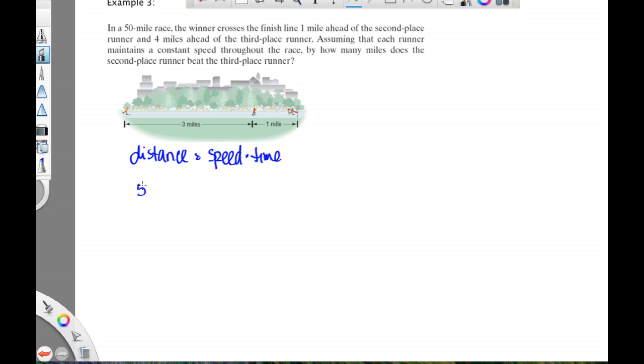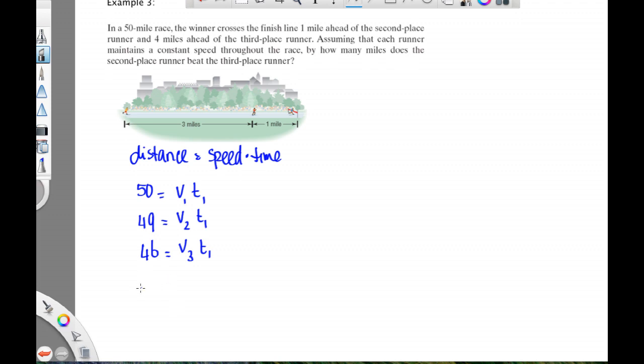I know that the winner ran the 50 miles with his or her speed and his or her time. At that point, the second place runner was only at 49 miles, and that's the same time. And the third place runner was only at 46. And that's still all at the same time.